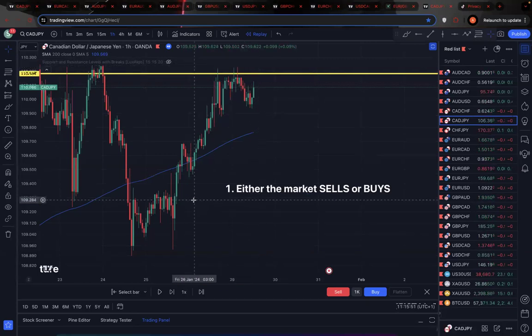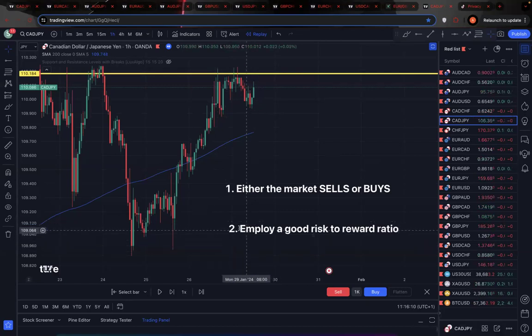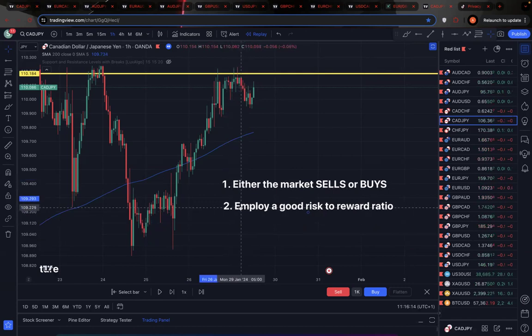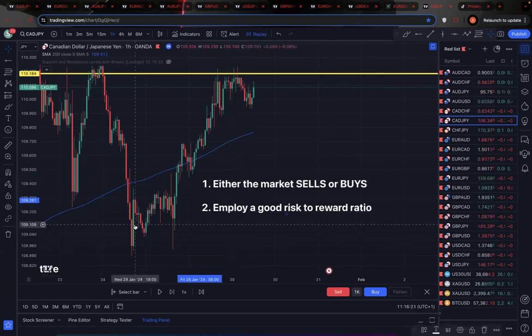Now, if I employ a good risk to reward ratio, let's say 1:6, then if the market doesn't respect it and buys, I will lose. If you don't know what it actually is, don't worry. This session is recorded.